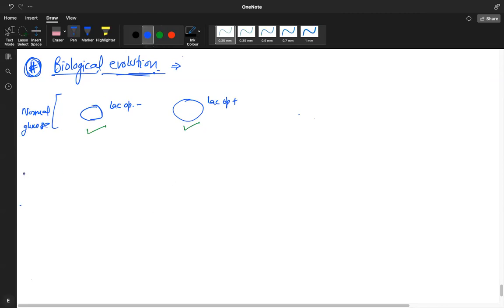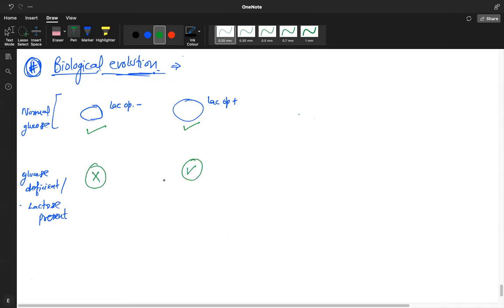But under a glucose deficient environment, with glucose deficient and lactose present, which one do you think will survive better, will be selected? Lac operon positive. Exactly. So this one will not survive, right?